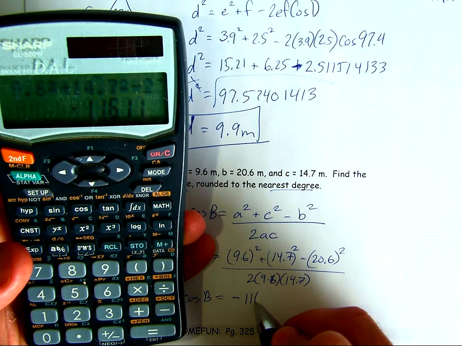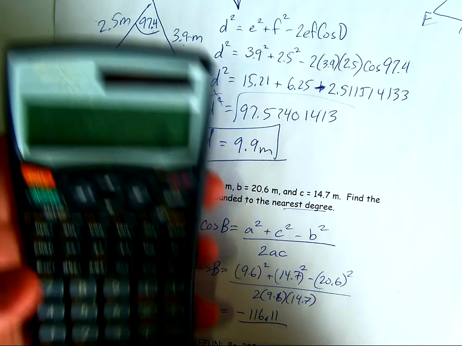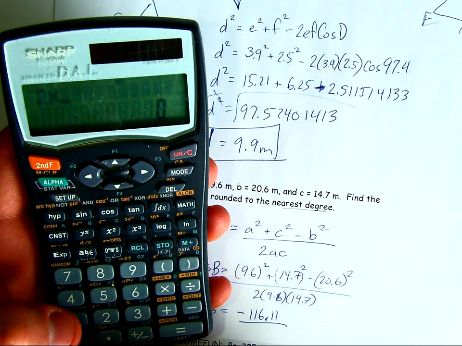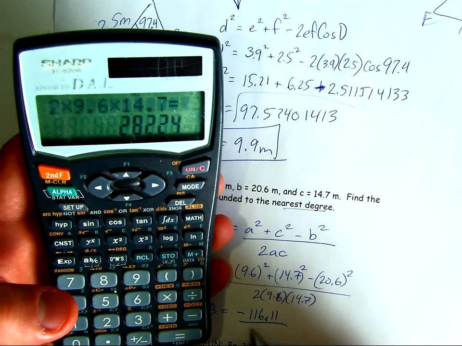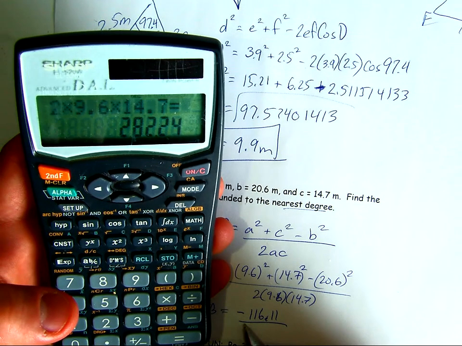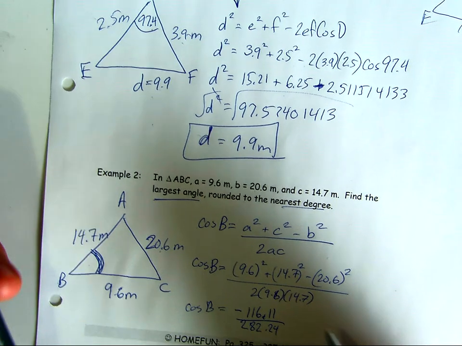I'll get on the top negative 116.11, and on the bottom I'm going to do 2 times 9.6 times 14.7, and I will get 282.24. Now that I have this, I can continue.